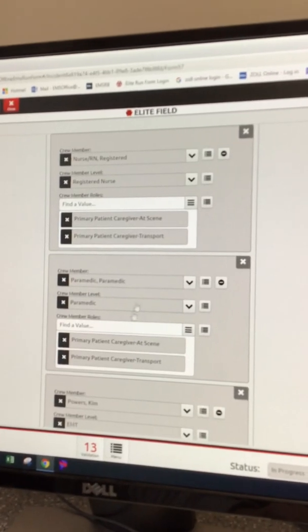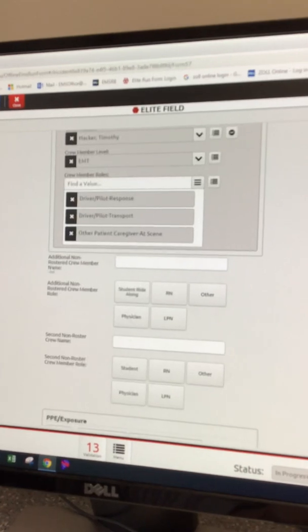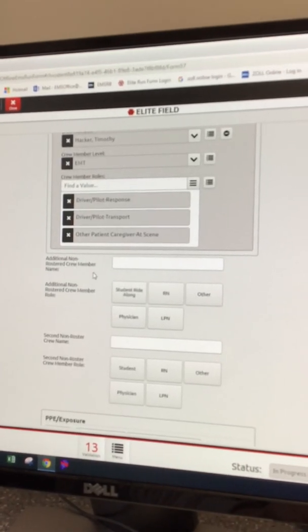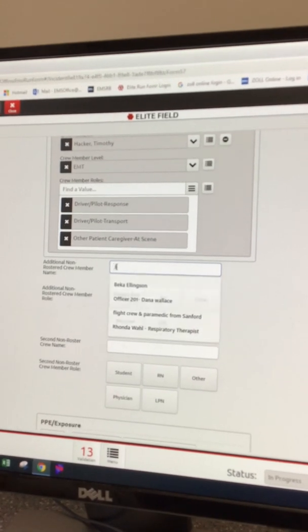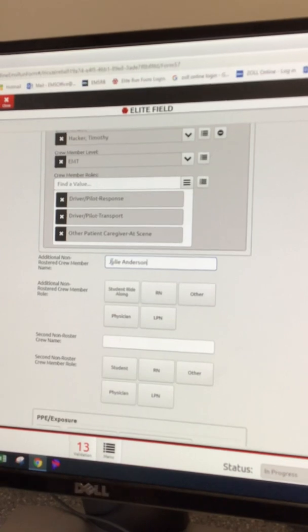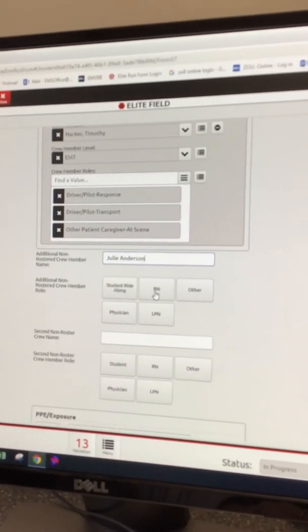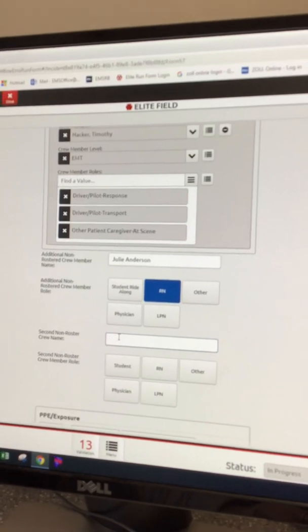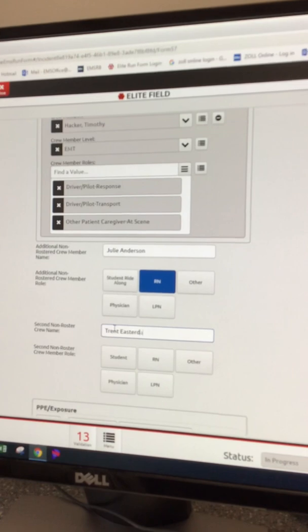But it does need to be recorded here, and then down here is where they are considered a non-rostered crew member. So you would put in Julie Anderson. Again, we'll say she's the RN. The second one is the paramedic, and we'll go Trent Easterday.